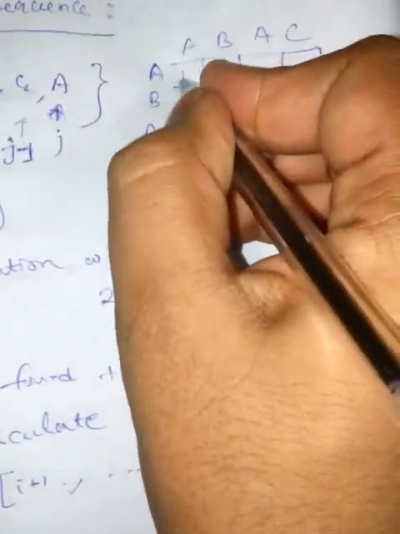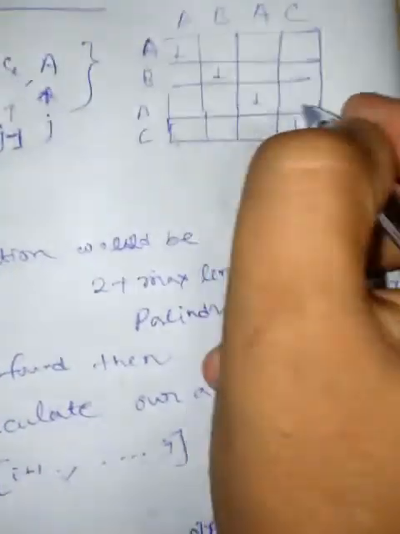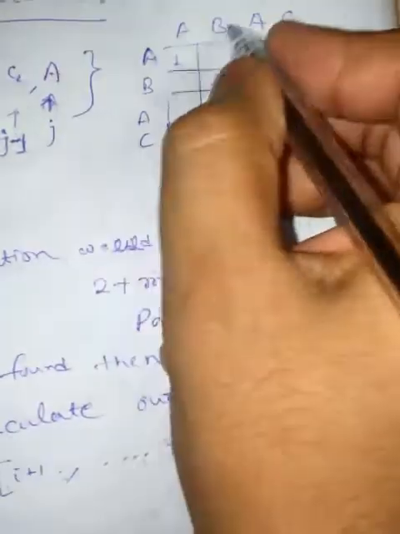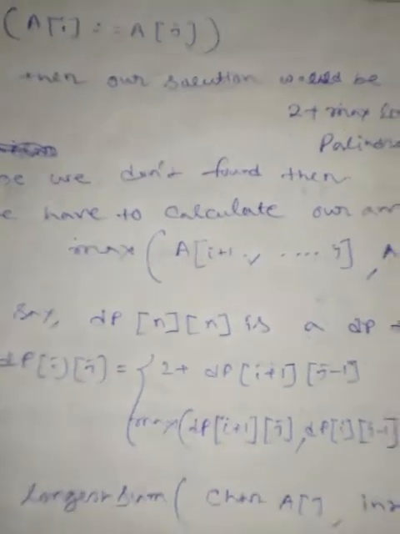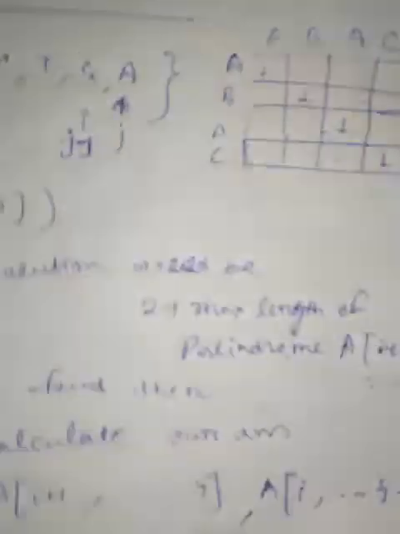We have to initialize the diagonal elements as 1, as this is our initial base condition for this problem. So the diagonal element would be 1 in this dp table.